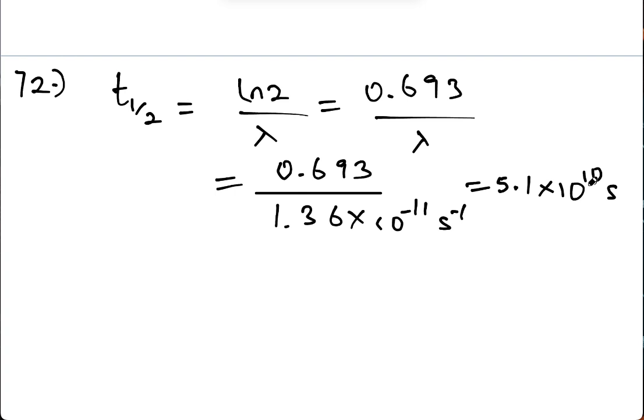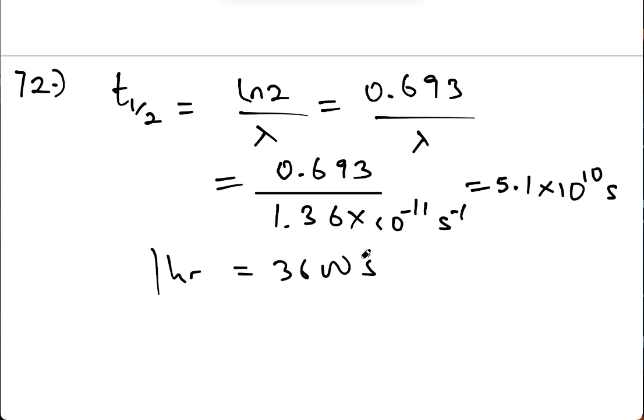From seconds to hours, we know that 1 hour has 3,600 seconds. So the first thing I could do is divide 5.1 times 10 raised to power 10 by 3,600.